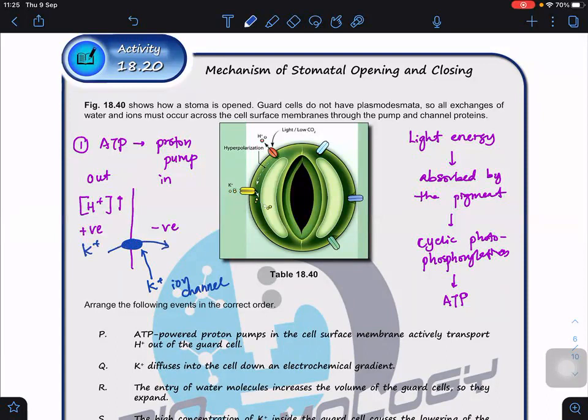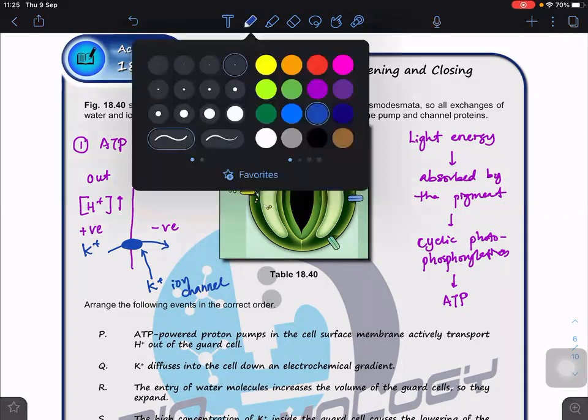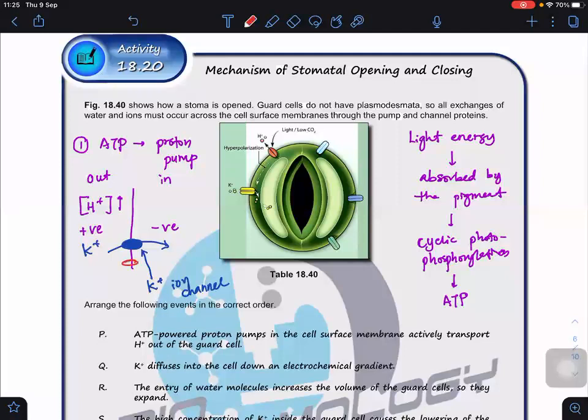From the outside of the cells into the guard cell. So the movement of K plus into the cells will trigger a series of reactions, resulting in the movement of water molecules. So we have the aquaporins. This aquaporin now allows the water molecules to move into the guard cell.